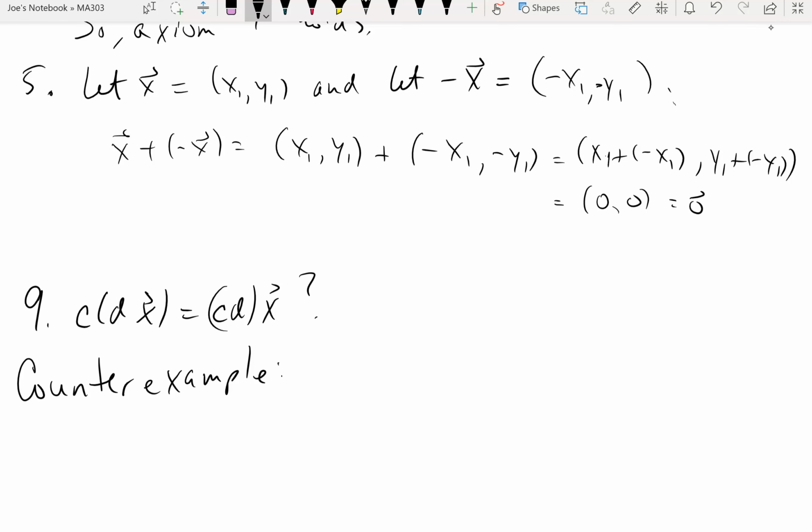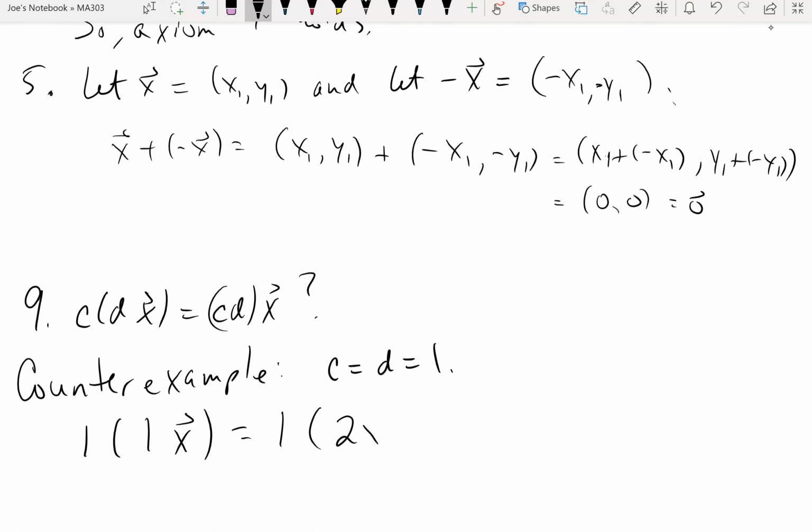Let's say that we have, it doesn't really matter. Let's just make C and D both 1. Then if I do 1 times 1 times x, according to the definition of the scalar multiplication, when I do 1 times x, that's going to give me what?